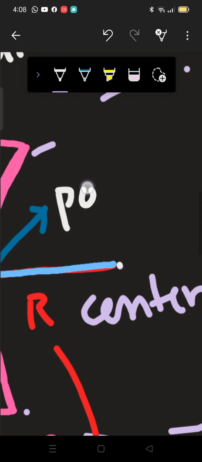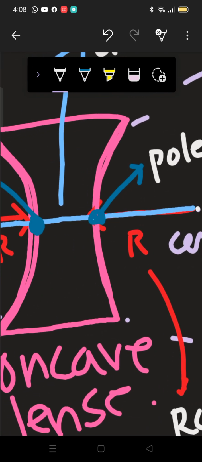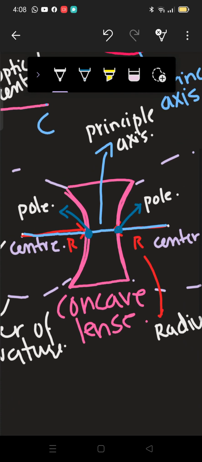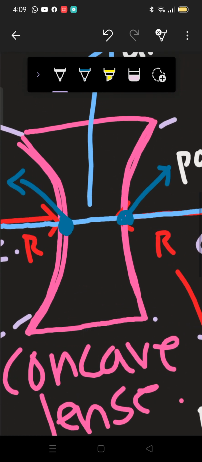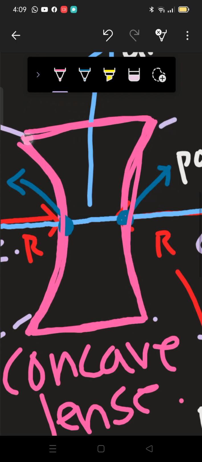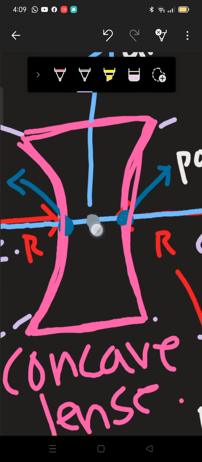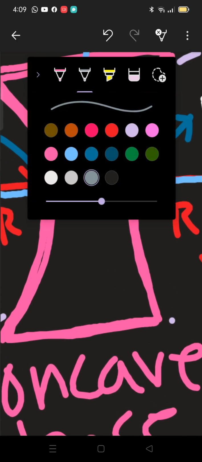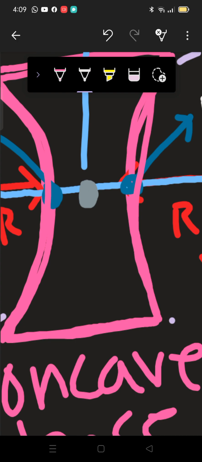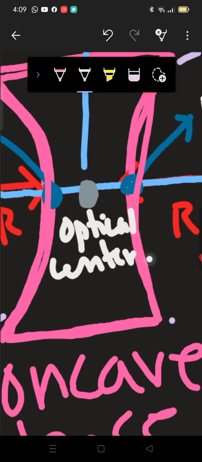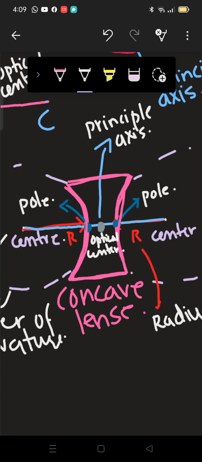This is the pole. Then we talked about the optical center, which is the center of the lens. As you can see, we have the whole lens, and the optical center is the center of this lens. So this is the optical center, or OC.